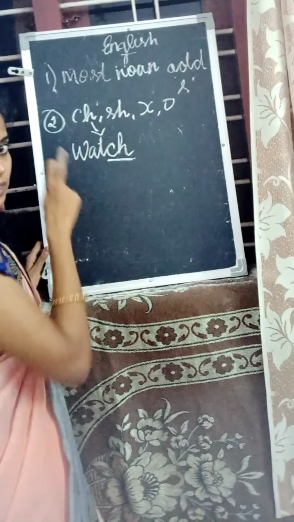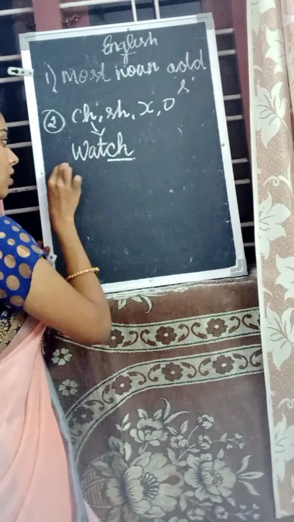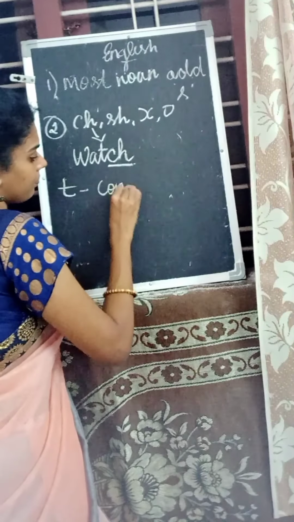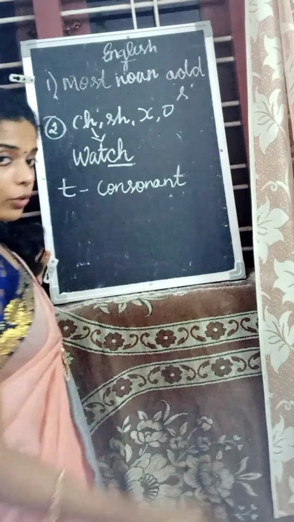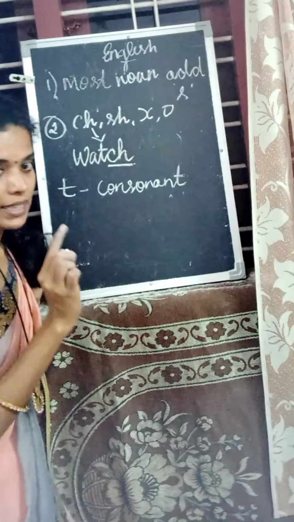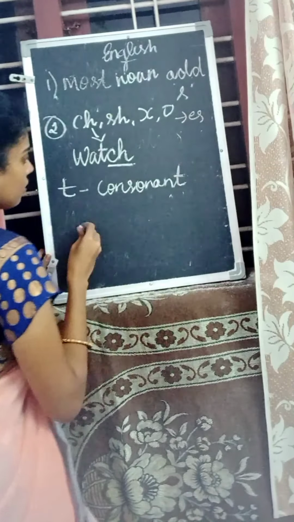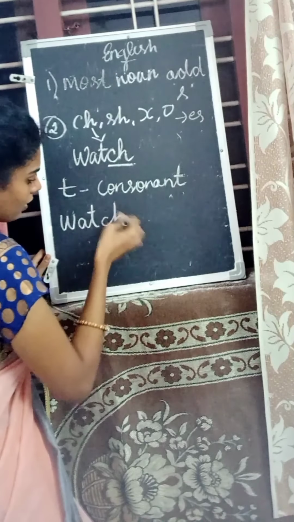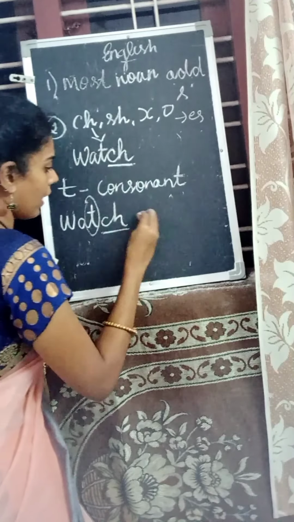Before CH, what's the letter? It's T. Is T a vowel or consonant? Yes, it's a consonant. So what do you need to add? You need to add ES. First check this CH. It's a consonant, so add ES.